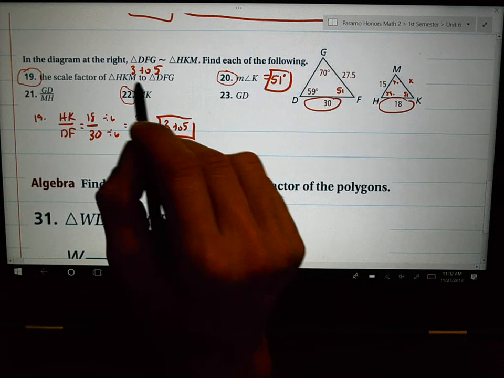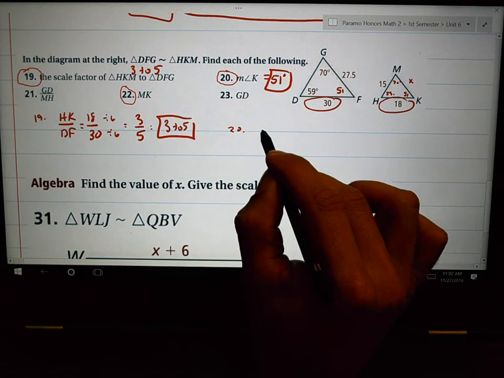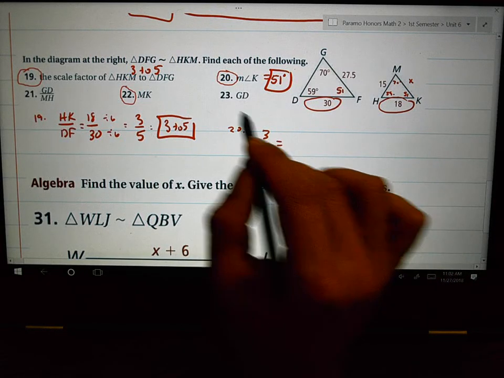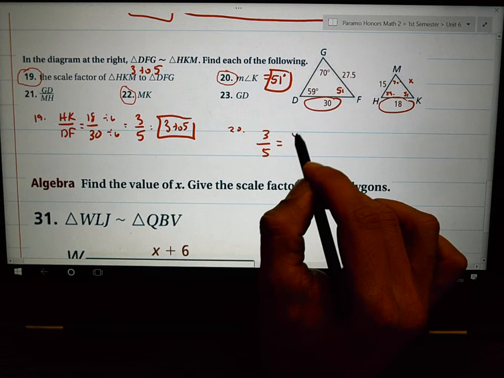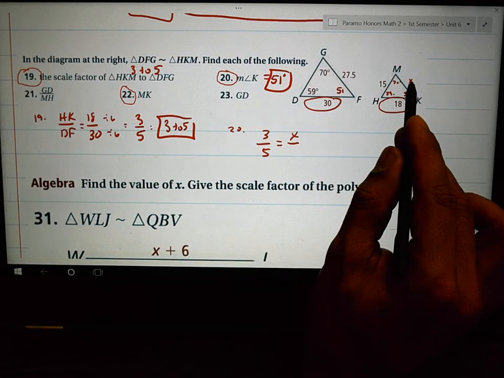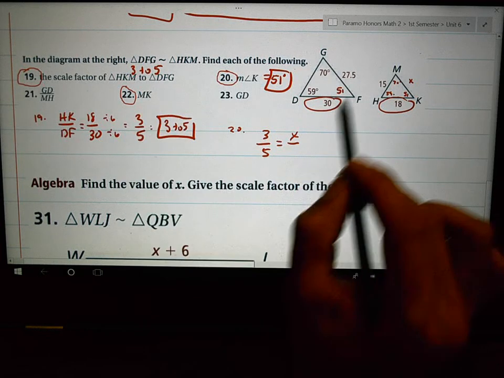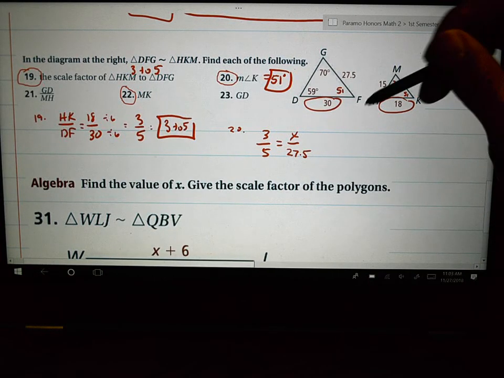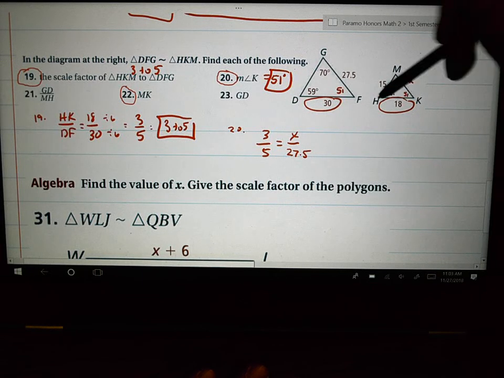Since we know that these are in the ratio of 3 to 5, I can just write 3 to 5 is equal to, remember, this is small triangle to big triangle. Small triangle is the X, the thing I don't know. MK compares to GF, 27.5. I'm comparing this to that, but that in lowest terms.